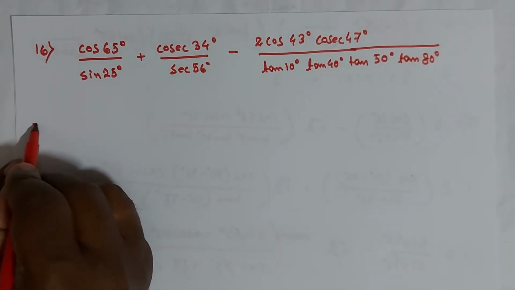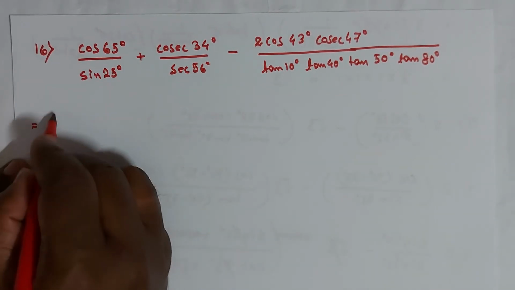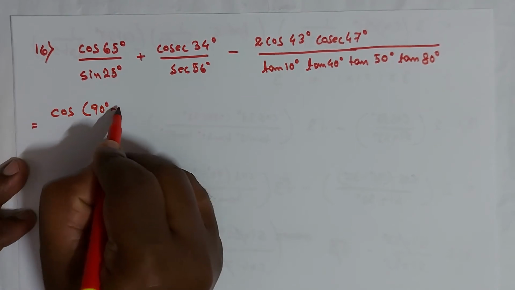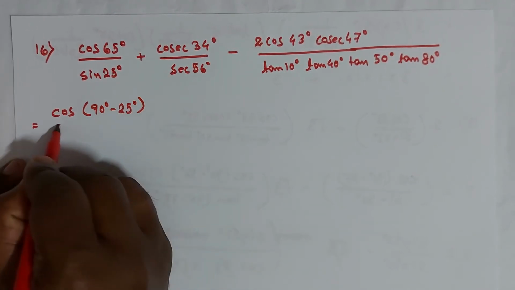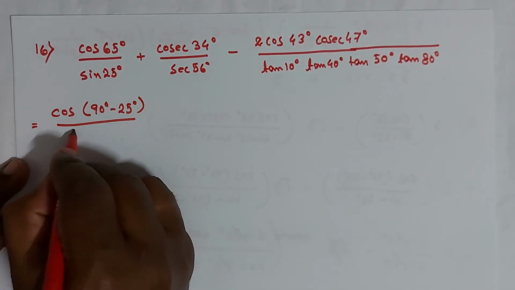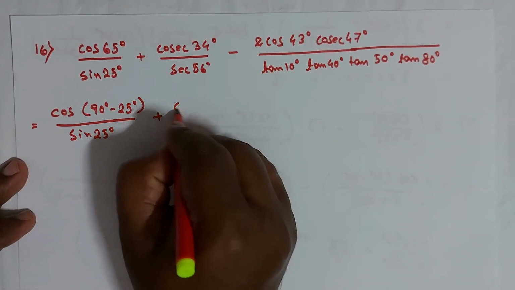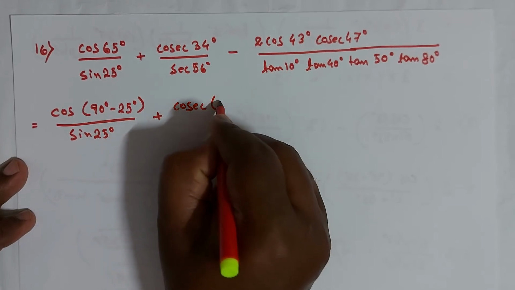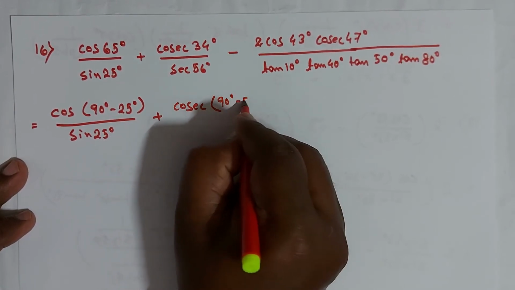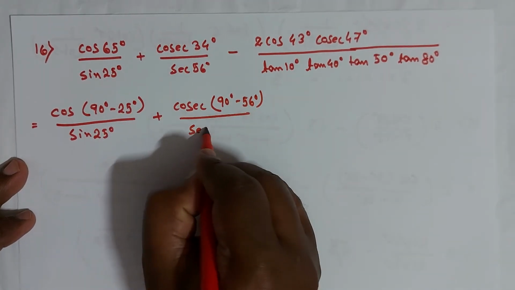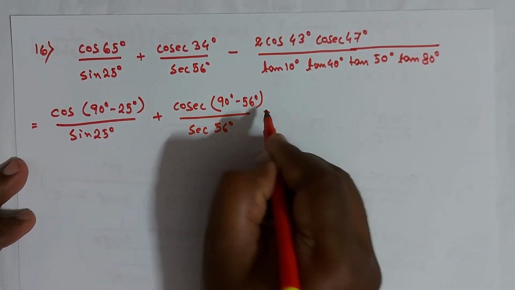So let's see, this we can write cos of 90 degree minus 25 degree. 90 minus 25 is 65. Okay, plus cosec of 90 degree minus 56 degree. 90 minus 56 is 34 degree. Okay, so sec 56 degree.